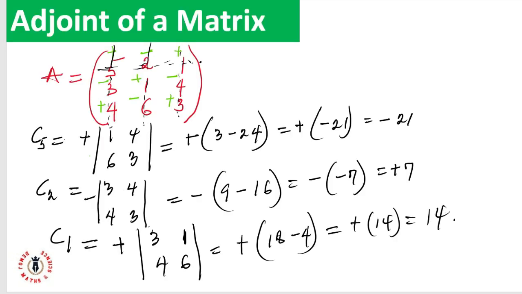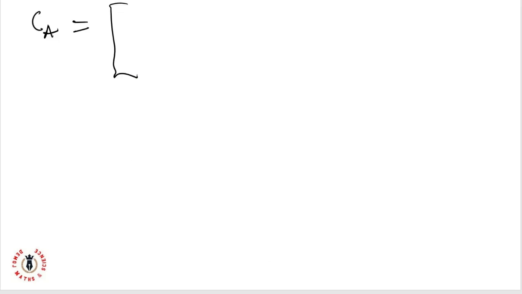Now we can arrange the cofactor of this matrix, then we take the transpose of the matrix. The cofactor of matrix A should look like this. First row, we picked minus 21, 7, and 14.